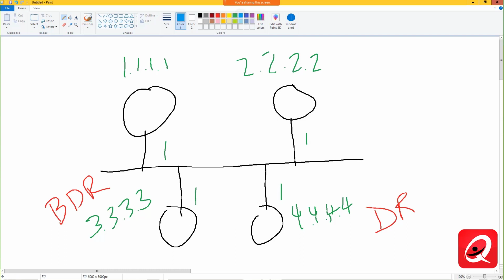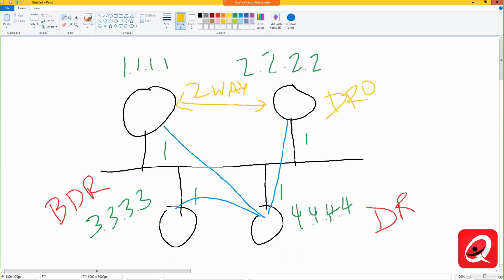And most importantly, these routers all form a full adjacency with the DR. The relationship that we have between these two routers is going to be two-way. There is no full adjacency between those two routers. They recognize each other as potential peers. They do recognize each other as neighbors, but they're not going to be exchanging link state information.